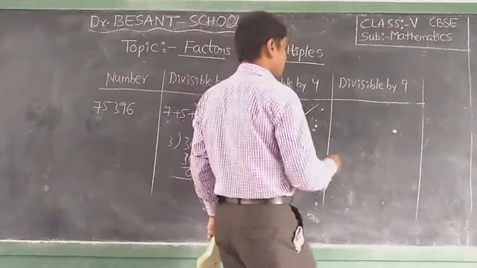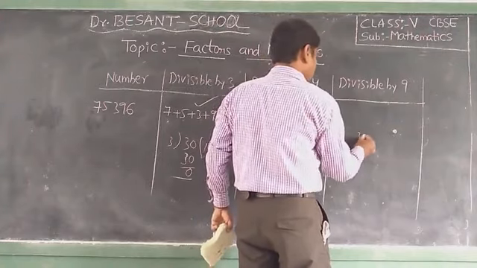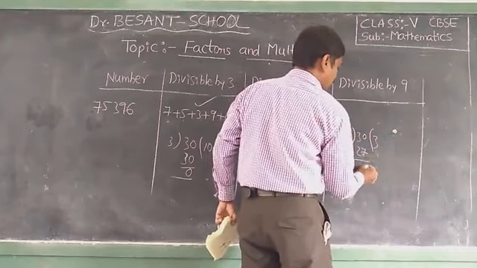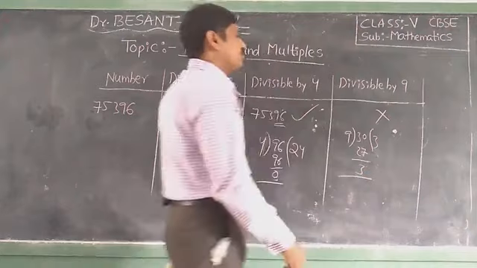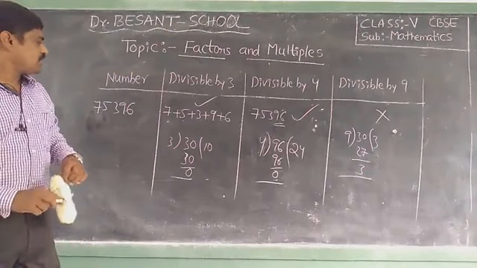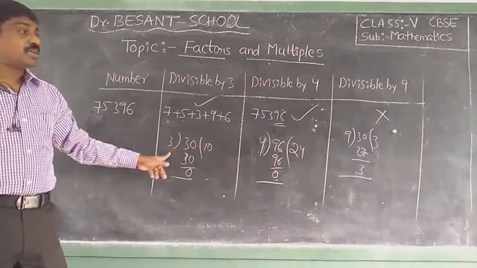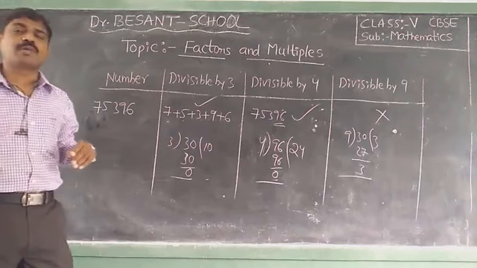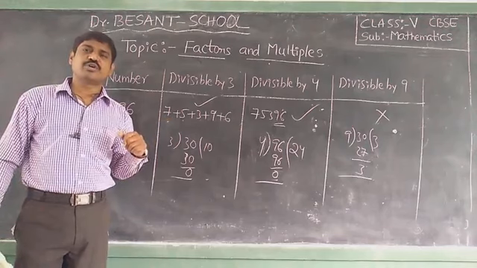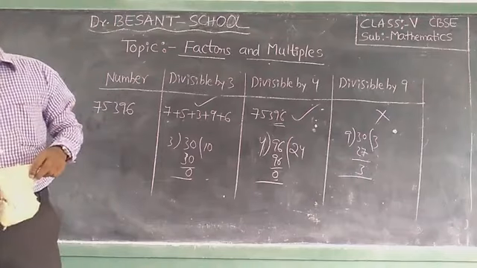What about the sum of the digits? That is equal to 30. So 30 is divisible by 3, yes, but 30 is not divisible by 9. Why? Because we did not get the remainder 0, that's why it is not divisible. Okay, this is the way we have to do this.